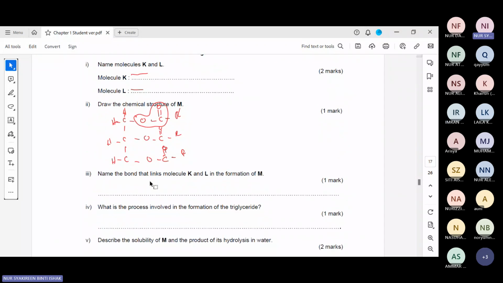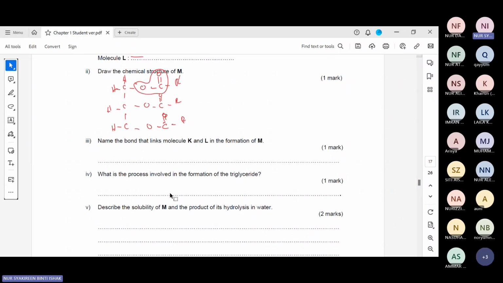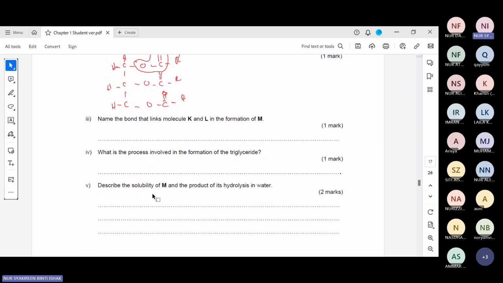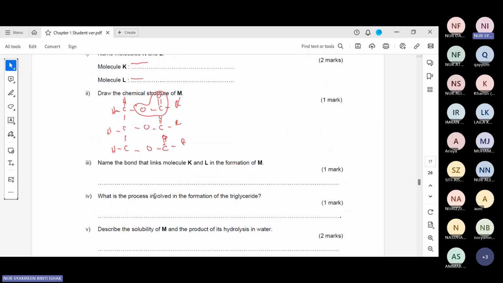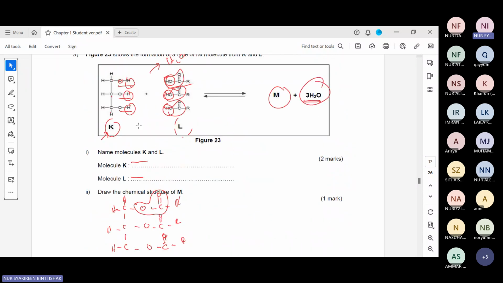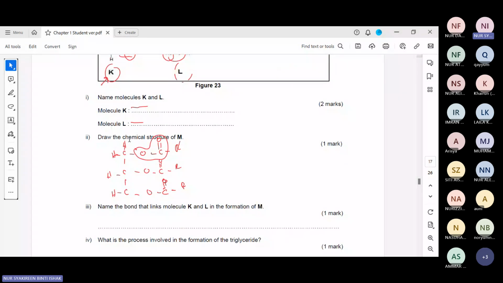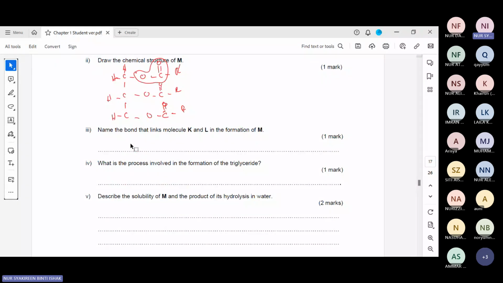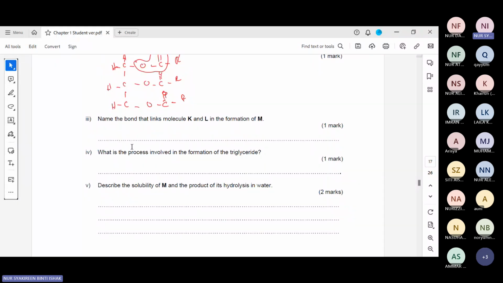So next, name the bond that links the molecule, adalah ester bond, ataupun ester linkage. What is the process involved in the formation of the glyceride? Esterification, accepted. Dehydration pun boleh, condensation pun boleh. Okay, sama je sebab dia remove water molecule. Okay, and then describe the solubility of M and the product of its hydrolysis.